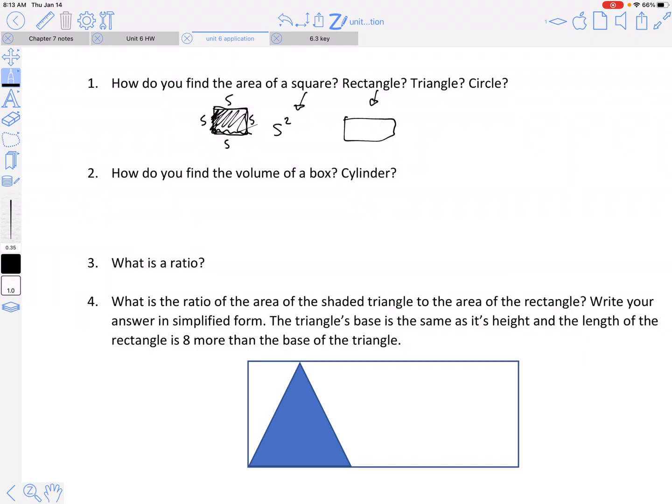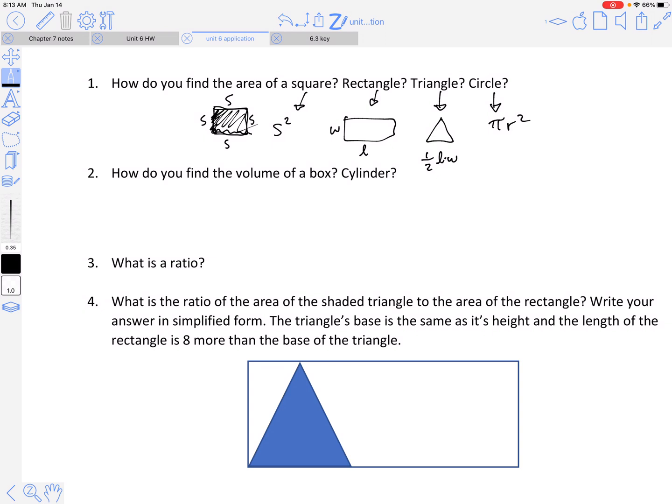Rectangle is we're going to call it length times width. Triangle then, remember it's half of a square, or half of a rectangle, so it'll be 1/2 length times width. And a circle is pi r squared.